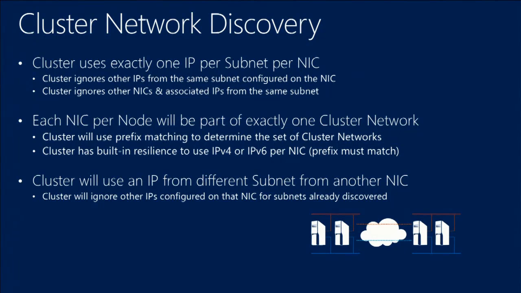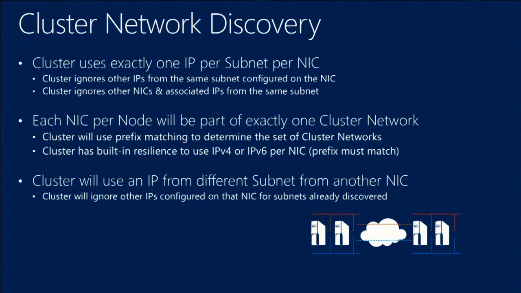In terms of physical adapters, the cluster network that you see in the Failover Cluster Manager UI, that network has an adapter on each node that can access that particular network. And this adapter, which is a physical NIC, can be part of exactly one cluster network.